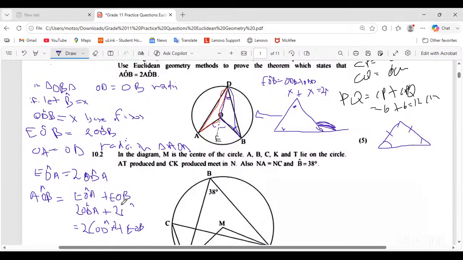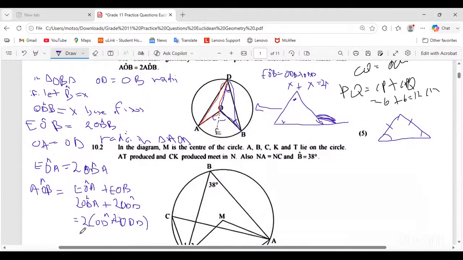We said EOB is 2 times ODB, and then EOA is equal to 2 times ODA. Okay. Now, this will be equal to.